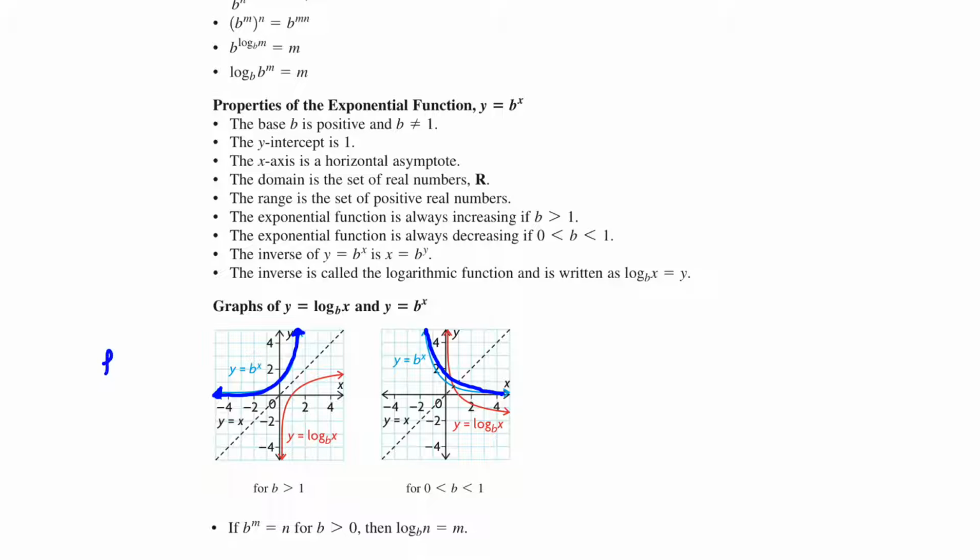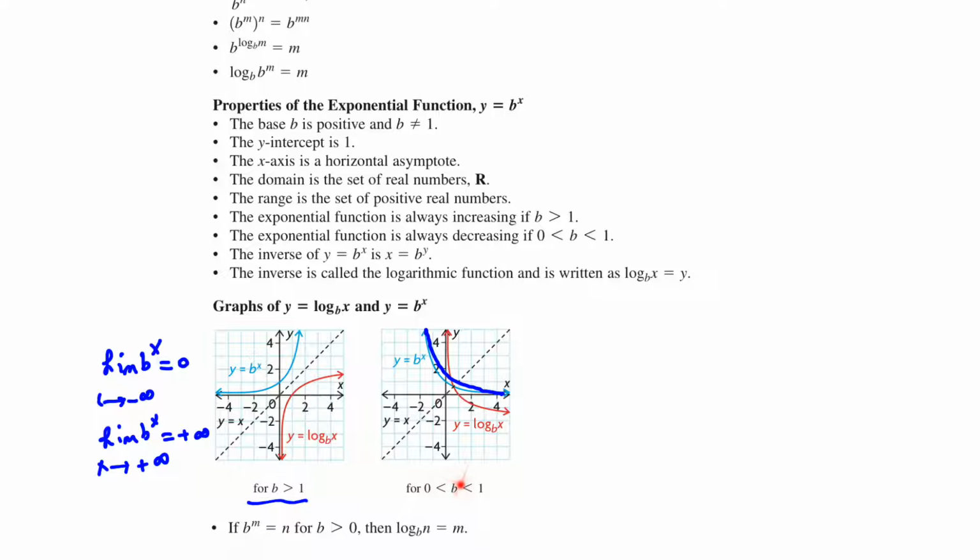The limit of b to the power of x as x approaches negative infinity is 0 when b is greater than 1, and the limit of b to the power of x as x approaches positive infinity is positive infinity. By looking at the graph of b to the power of x, we have these observations.